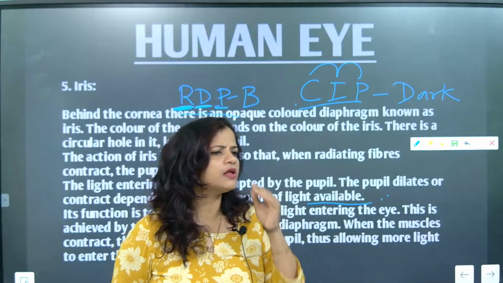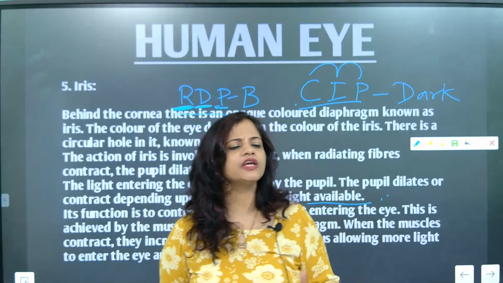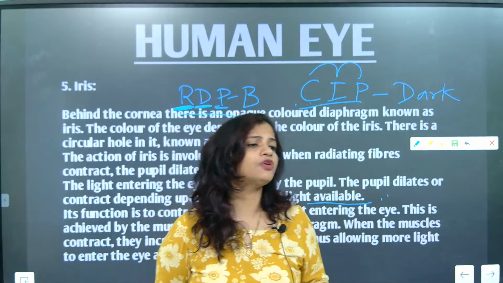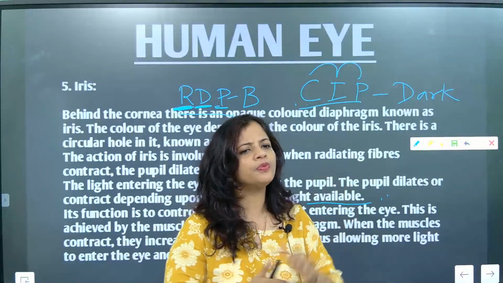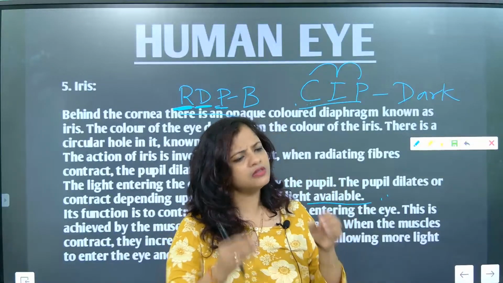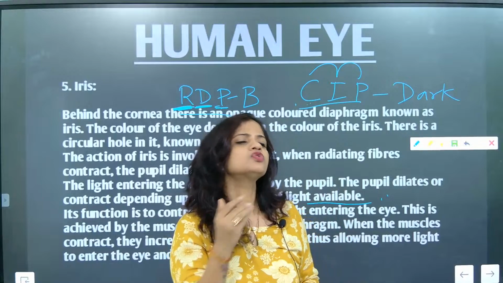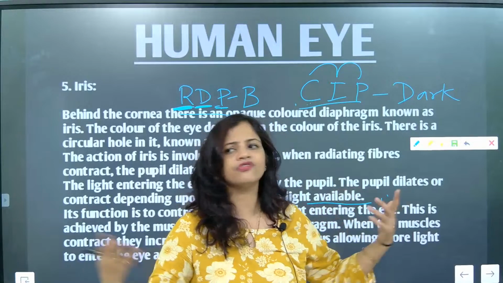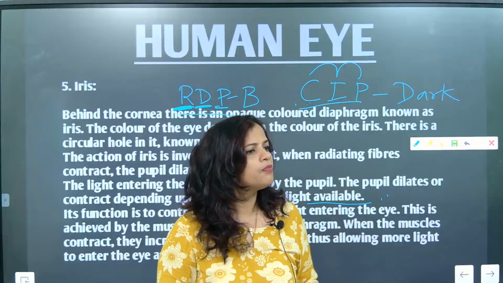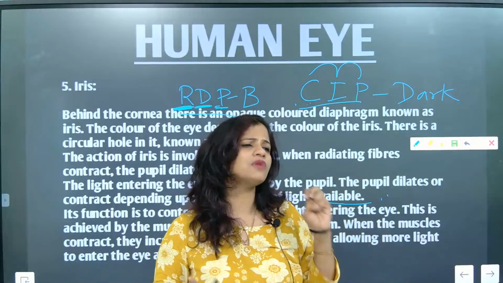Why do we not want light to enter in a bright room? Because in a bright room sufficient light is there. The rays should enter minimally so that vision is there. In a bright room where light rays are plentiful, we need not make the pupil very large.